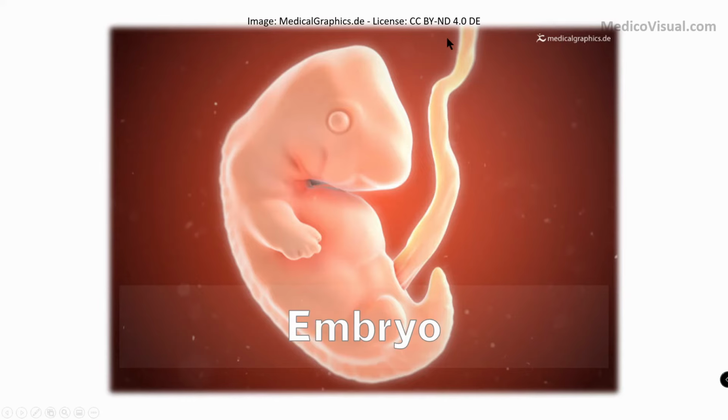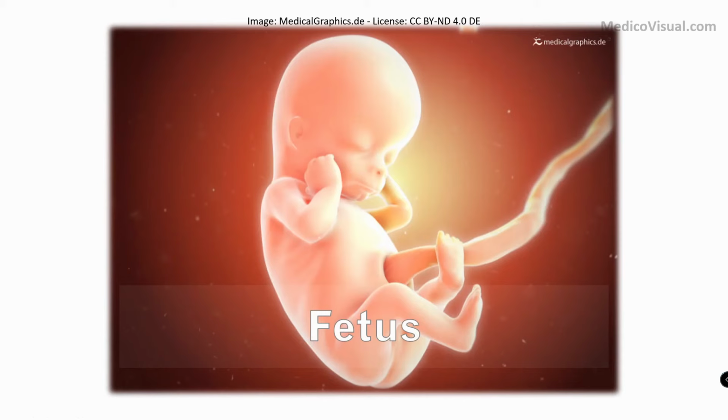Now at this stage you can see it does not quite resemble the actual human baby, but at about the 9th week after fertilization, it starts to resemble the baby of the organism to which it belongs. In this case, it starts to resemble a human baby.